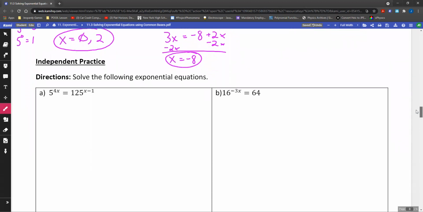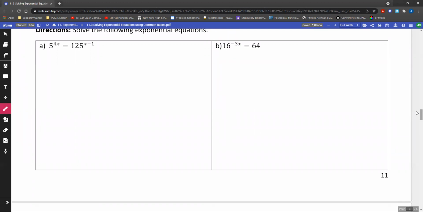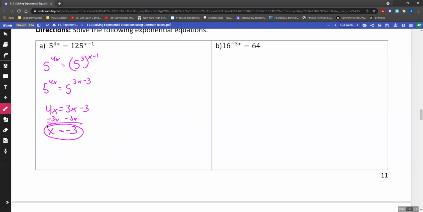Okay, down here. So same thing that we've been doing before. So this stays the same. 125 is actually 5 cubed. Fixing the exponents. Setting these exponents equal to each other. And end up with x equals -3.